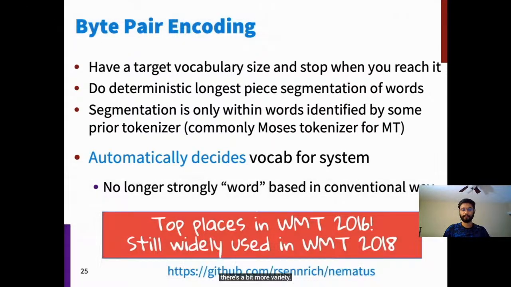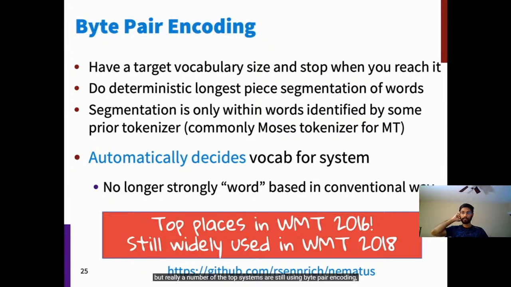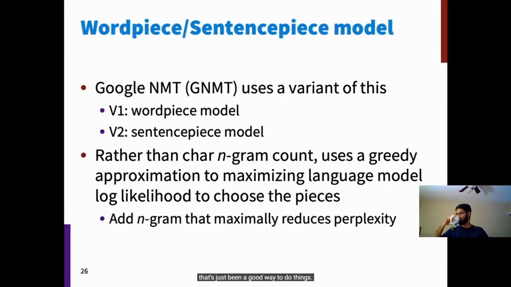There's a bit more variety, but really a number of the top systems are still using byte pair encoding. That's just been a good way to do things. So for Google's neural machine translation, they effectively use a variant of byte pair encoding. So they don't use exactly the same algorithm.